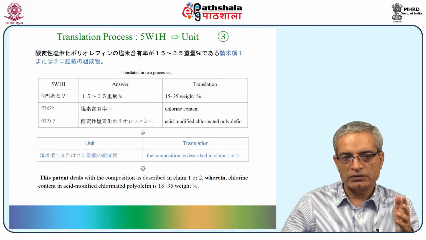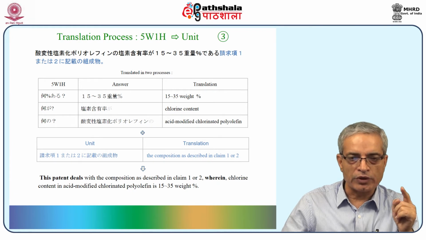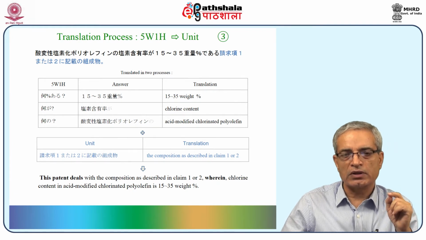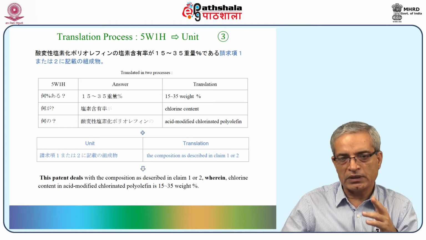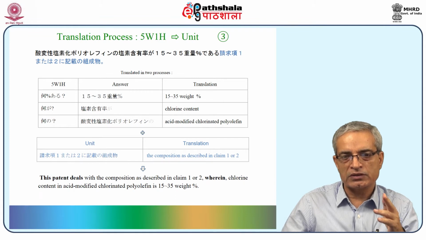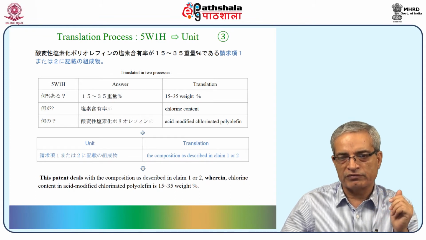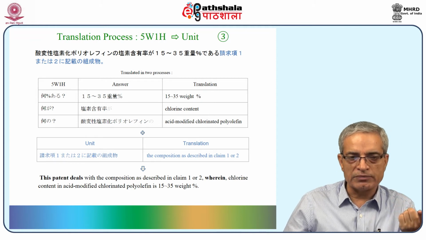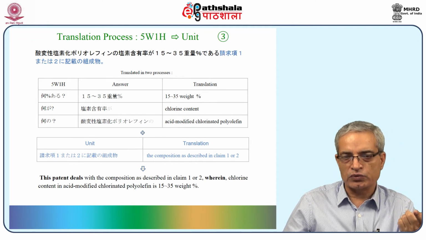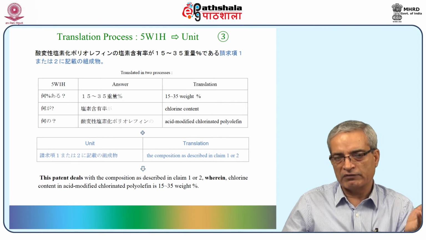So chlorine content. Okay, I'll read "san hense ensoka polyolefin no". So it's acid modified chlorinated polyolefin. Chlorine content is one, 15 to 35 weight percent is another one, and the unit remains "seikyu ichi matawa ni kisai no sosebutsu". Not so different from what we have done in the previous one.